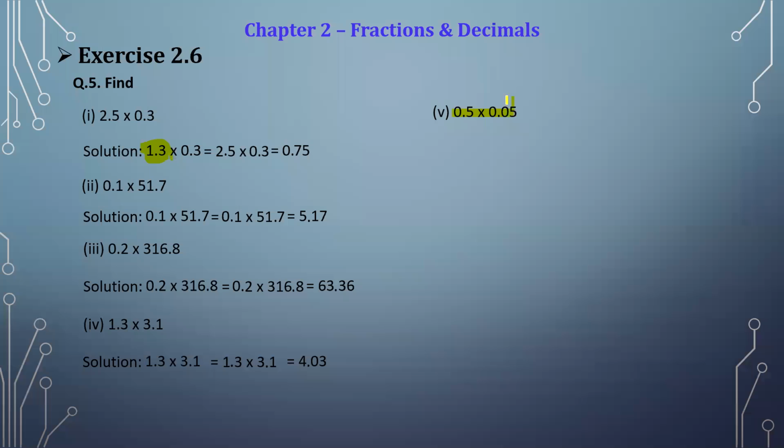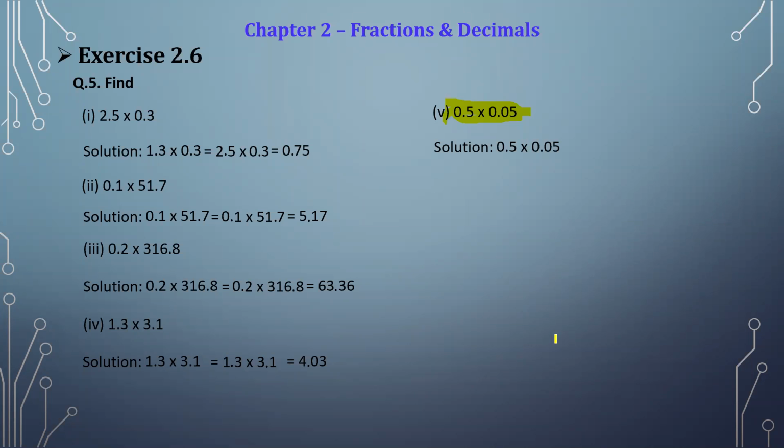So again the same method we are going to follow in order to solve this type of example. Now again in the solution, that means in order to find out 0.5 into 0.05, again we are going to remove the decimal point, or ignore that decimal point, for a temporary purpose. We are not removing that decimal point permanently.